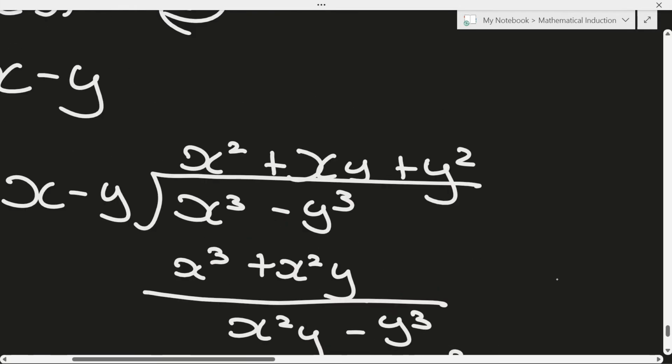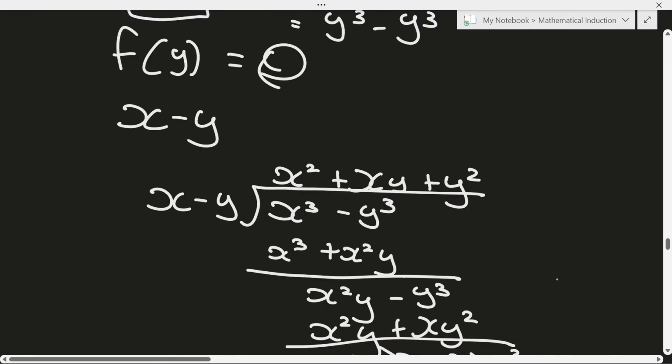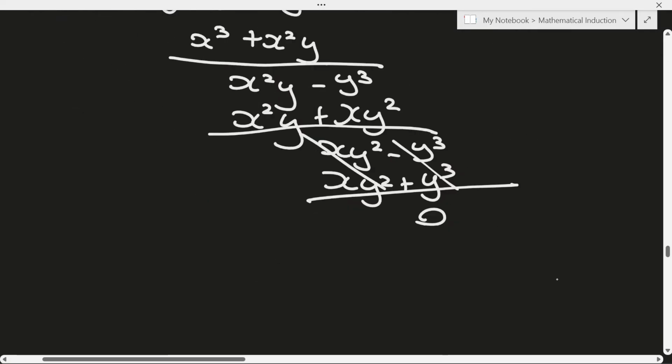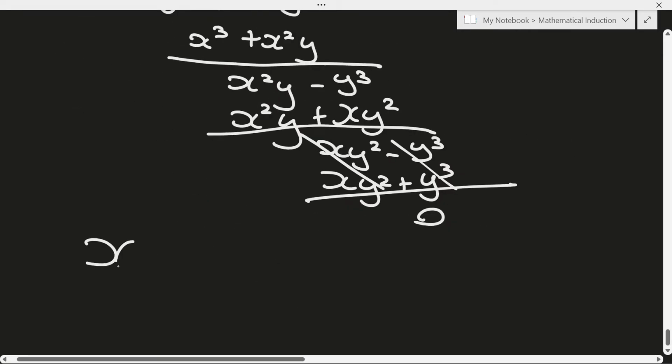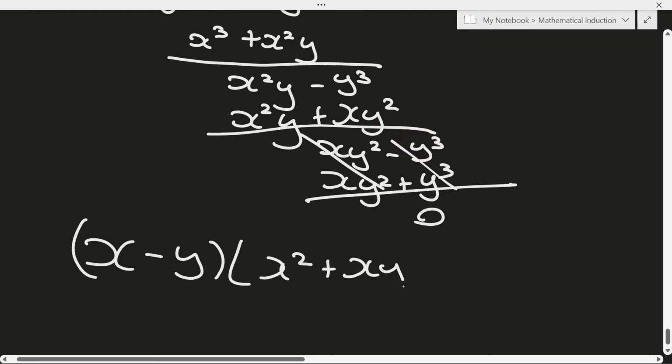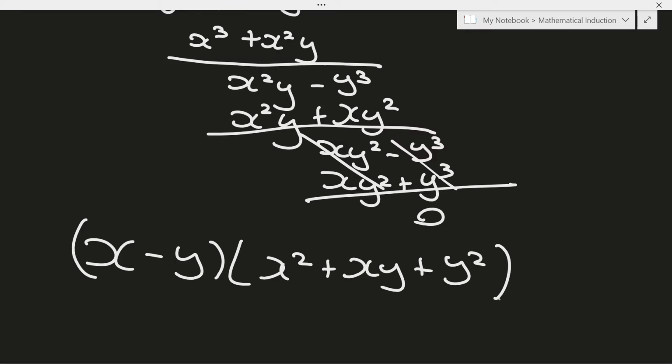Isn't this nice? This is very easy. See what I mean? So we'll have x minus y, x squared plus xy plus y squared. And these are the factors of x cubed minus y cubed, right?